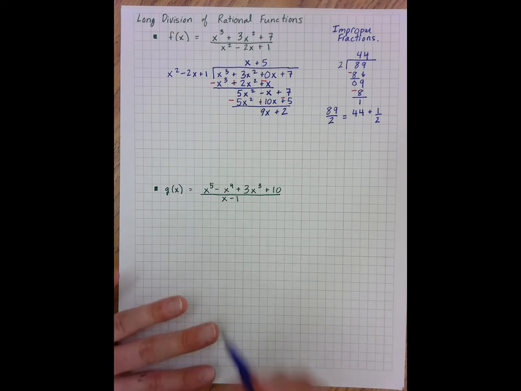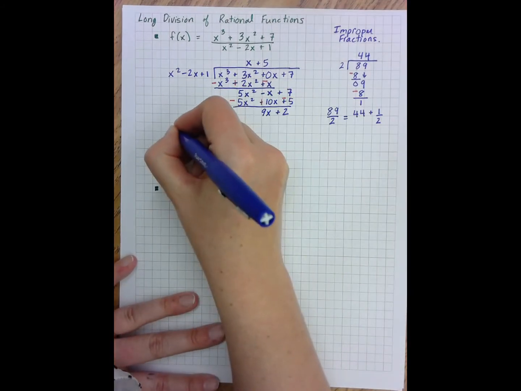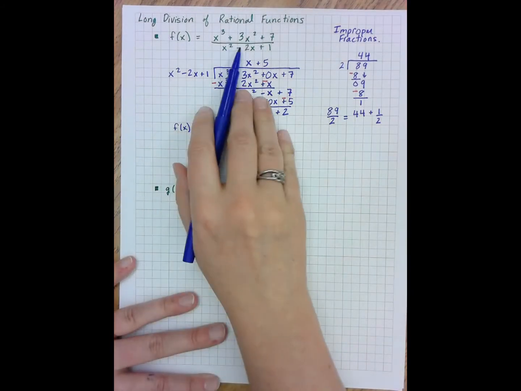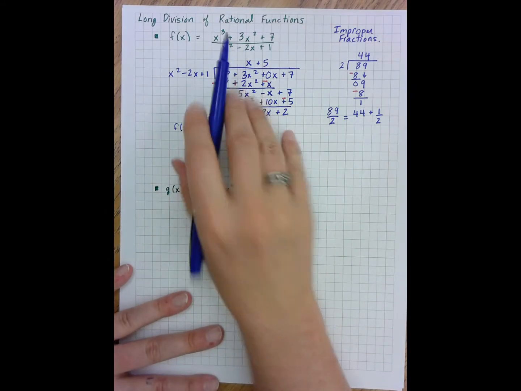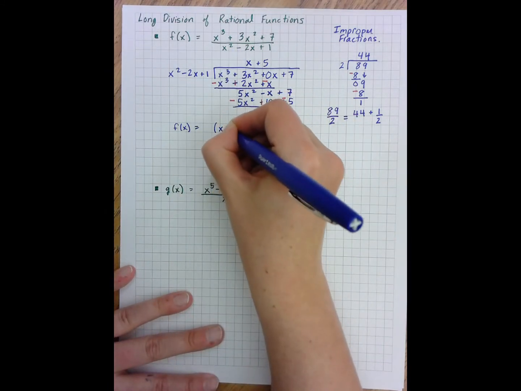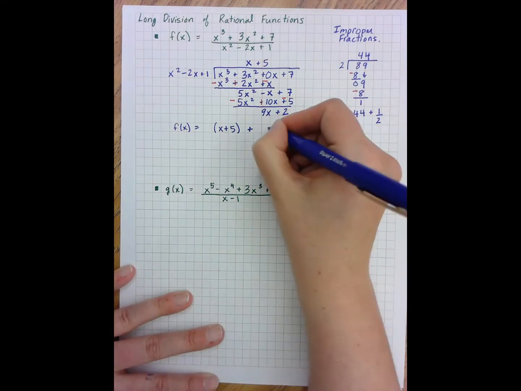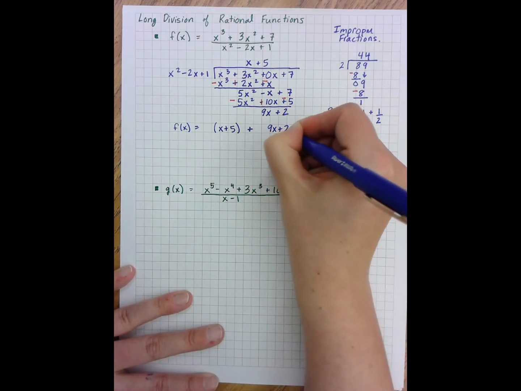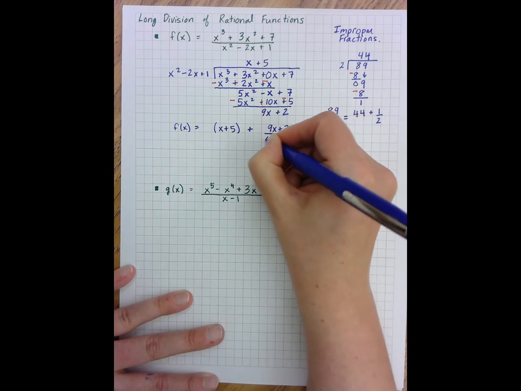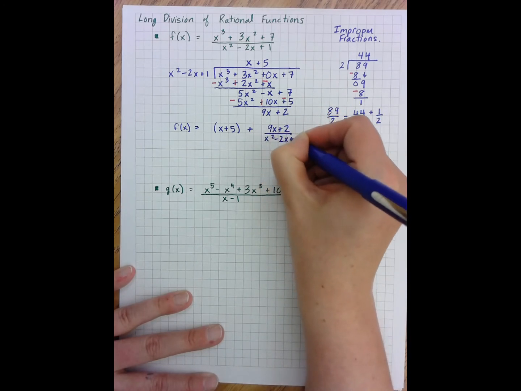I have a remainder. So we would say that f of x equals not just this, but we could also write this as x plus 5 plus 9x plus 2 all over x squared minus 2x plus 1.